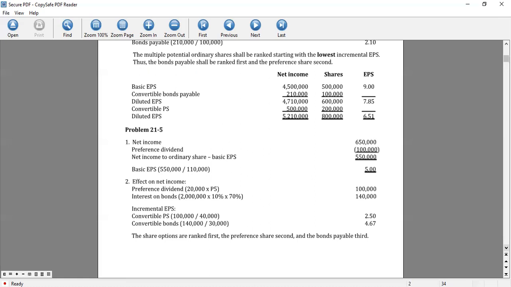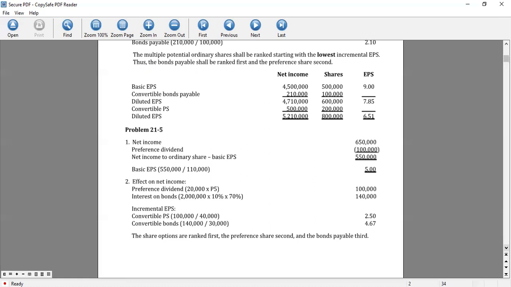The EPS is 5. Then the effect on net income for the preference dividend is equal to 100,000, and for the bonds payable, the interest is 240,000. Now for the incremental EPS, for the convertible preference share, we have 100,000.